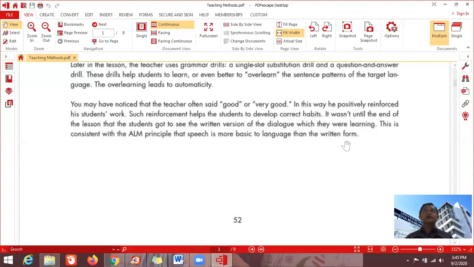For example, weapons, weapons, weapons. You listen to the word and then you repeat it by yourself. For example, I want to teach you the word inextricable, inexorable. Repeating it over and over again is a good example of the audiolingual method in this case.